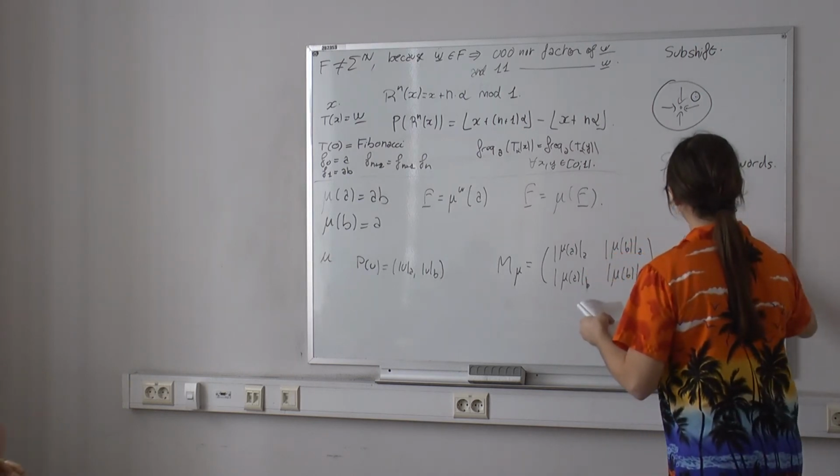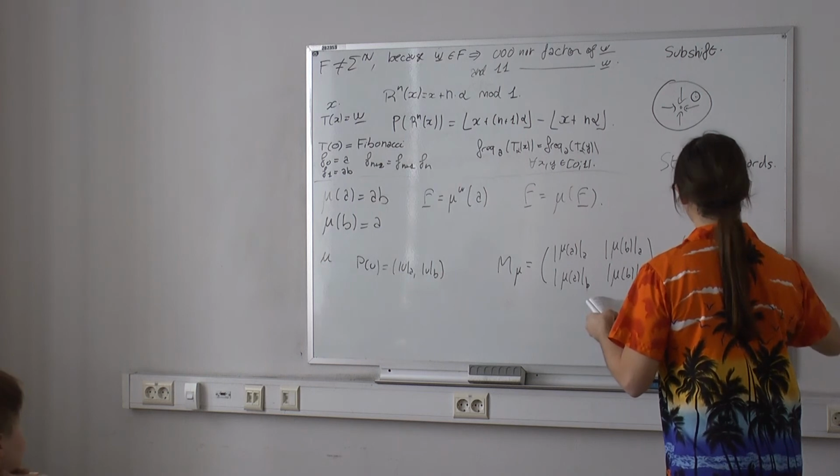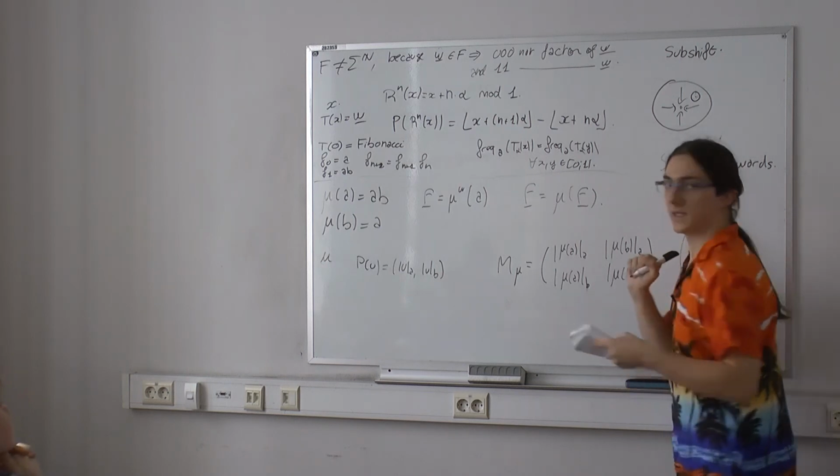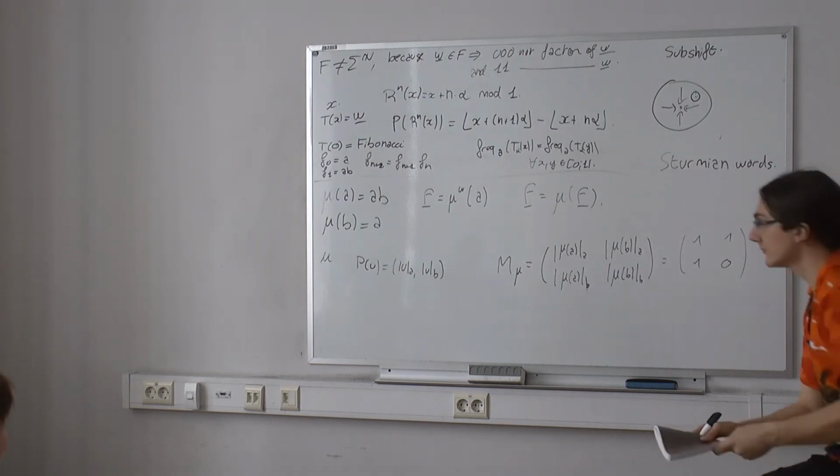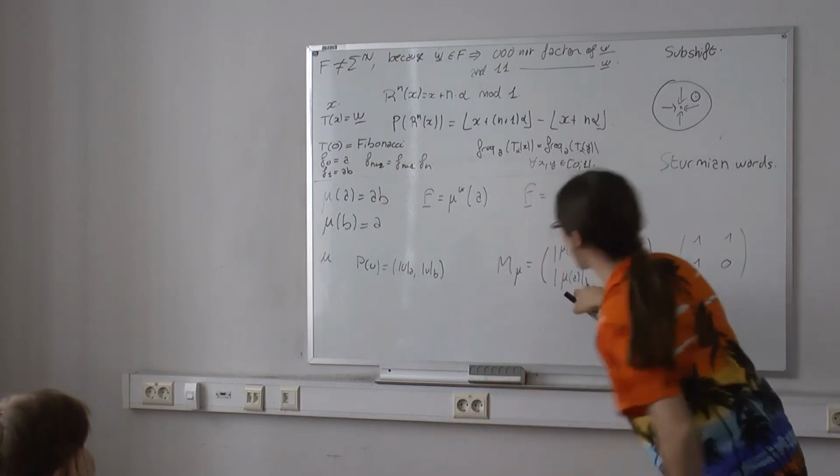And here it's precisely equal to this, if I'm not mistaken. Okay. So why could this matrix be interesting? This is why I gave you the explicit form here.